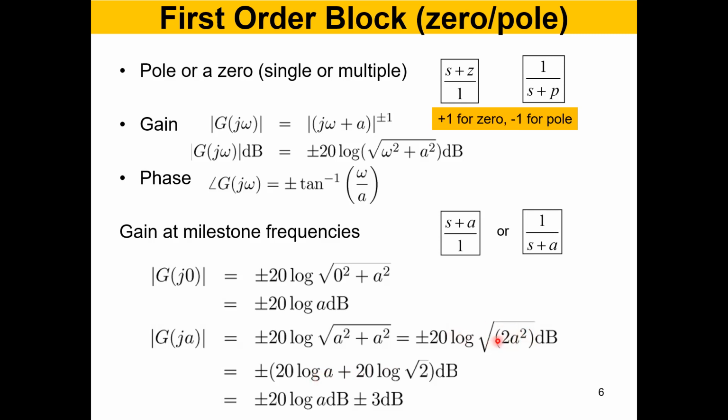So you break this into two terms, 2 and A square, and take the square root of 2 over here, the square root of A square over here. So it becomes 20 log A plus 20 log root 2.